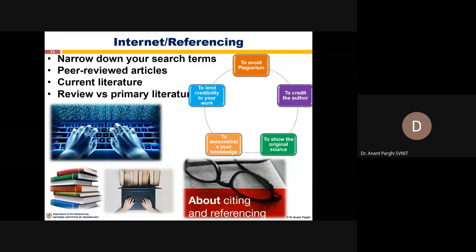Whatever work we do, it should be our own work. If we are using other people's work, we need to acknowledge them. We should not copy and paste. For example, if you are using a figure, a chart, or directly a sentence, then if it's a sentence, you have to write it in inverted commas.